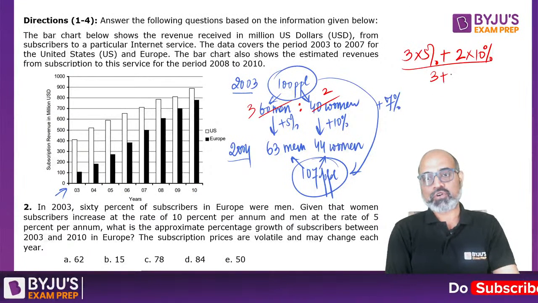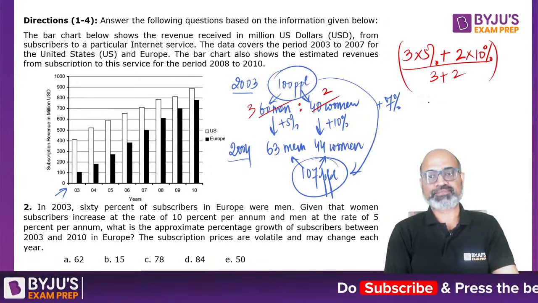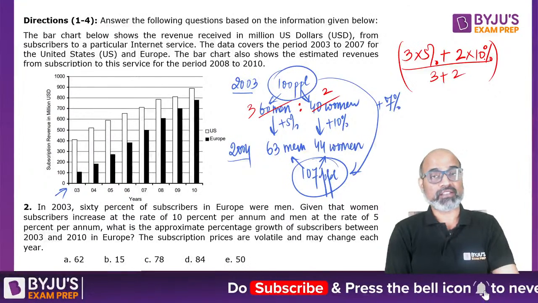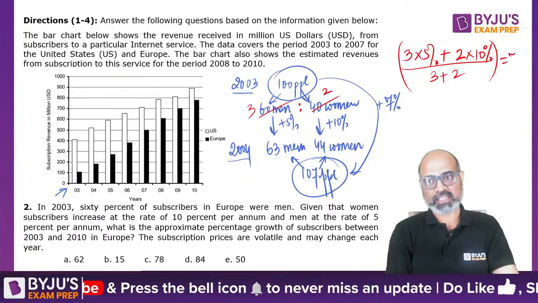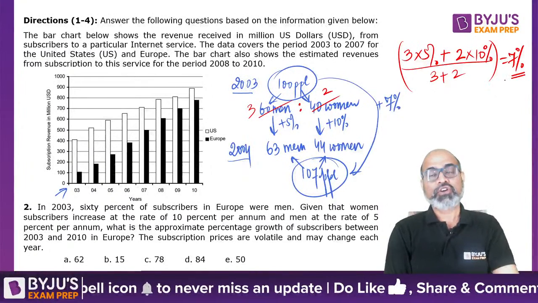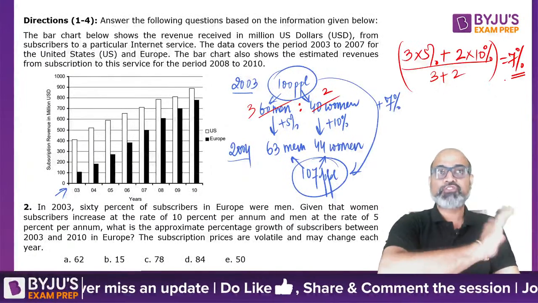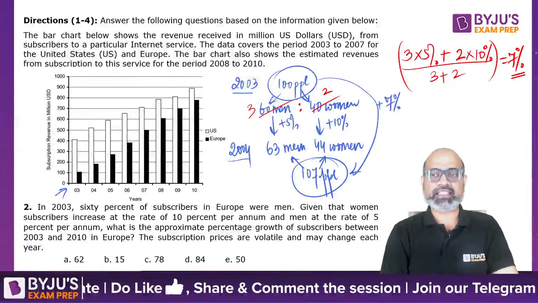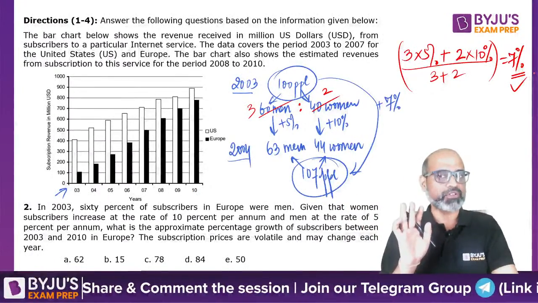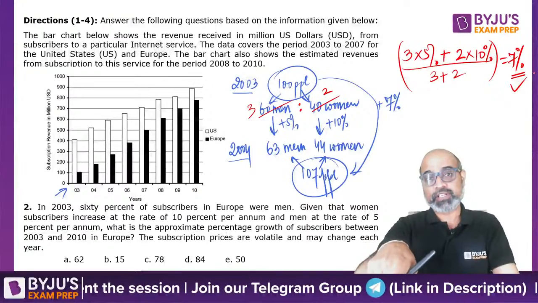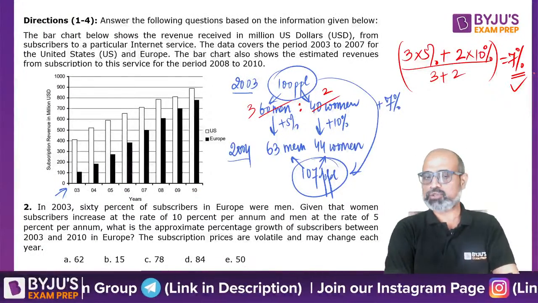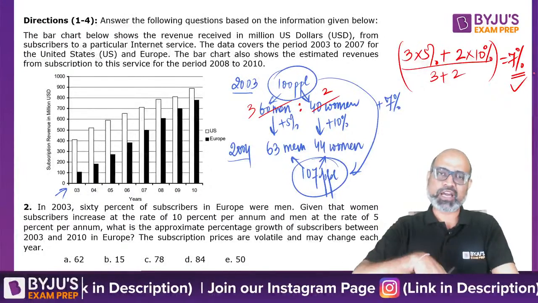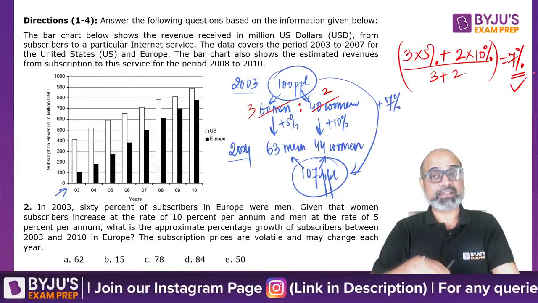So the overall growth is going to be 15 plus 20, 35 divided by 5, which will give us 7% only. So instead of calculating for men differently and women differently, we can say that overall population increased by 7%. So either the weighted average method will help, or just assume a total number of people in the year 2003 as 100 and see what happens in 2004. We see there is a 7% increase.